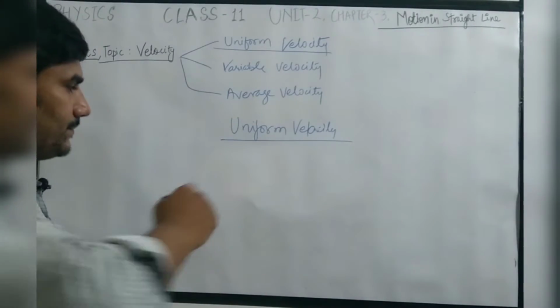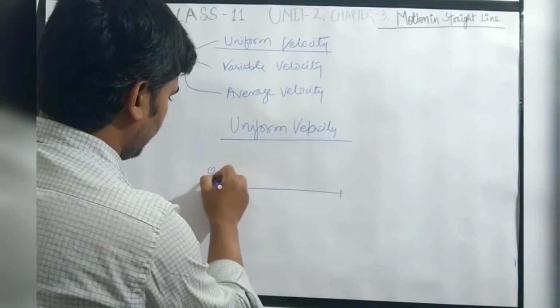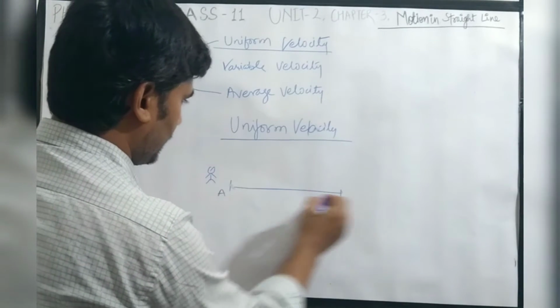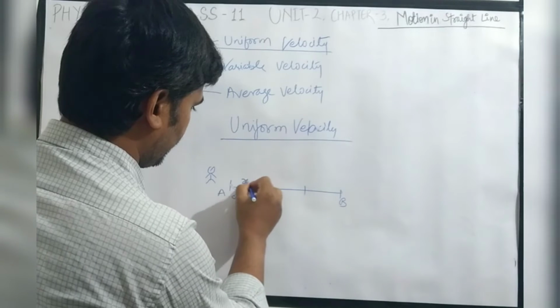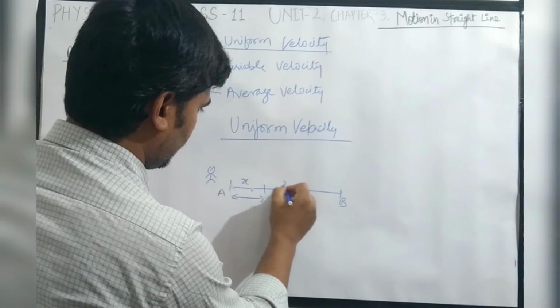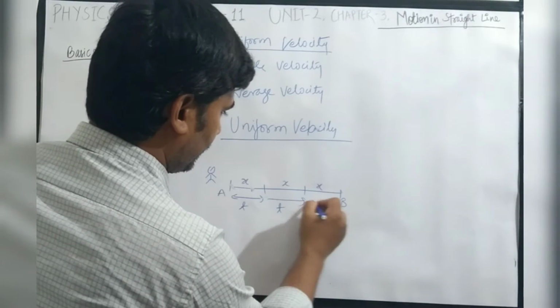Uniform velocity is when an object or body travels equal displacements in equal time.